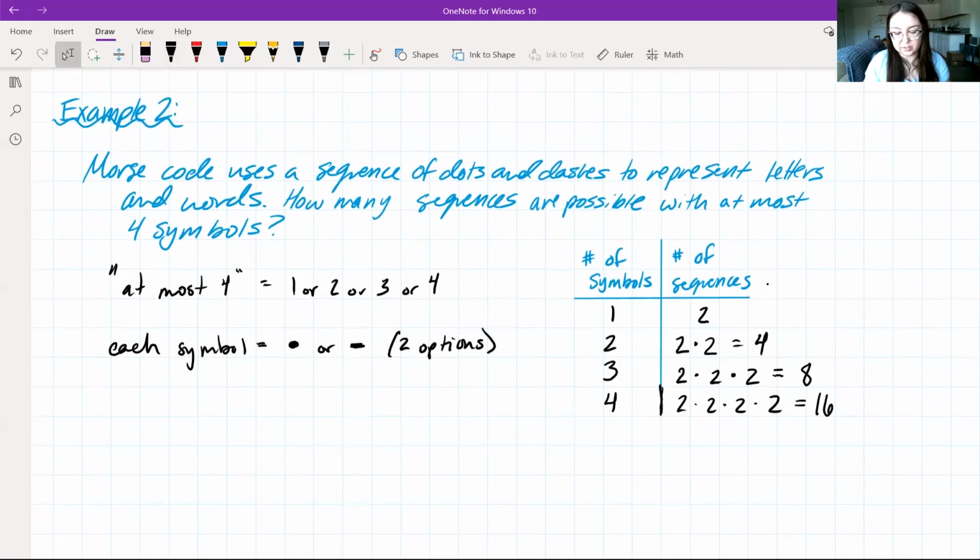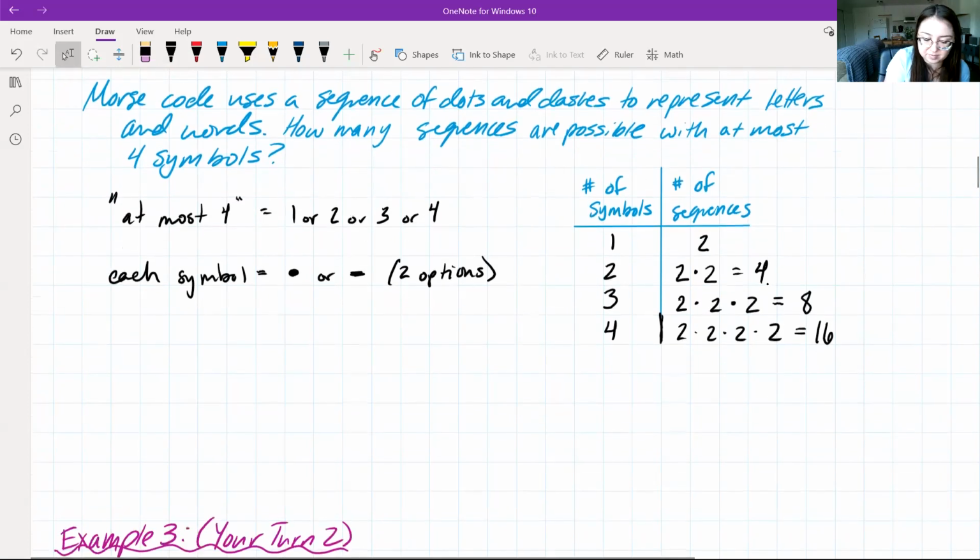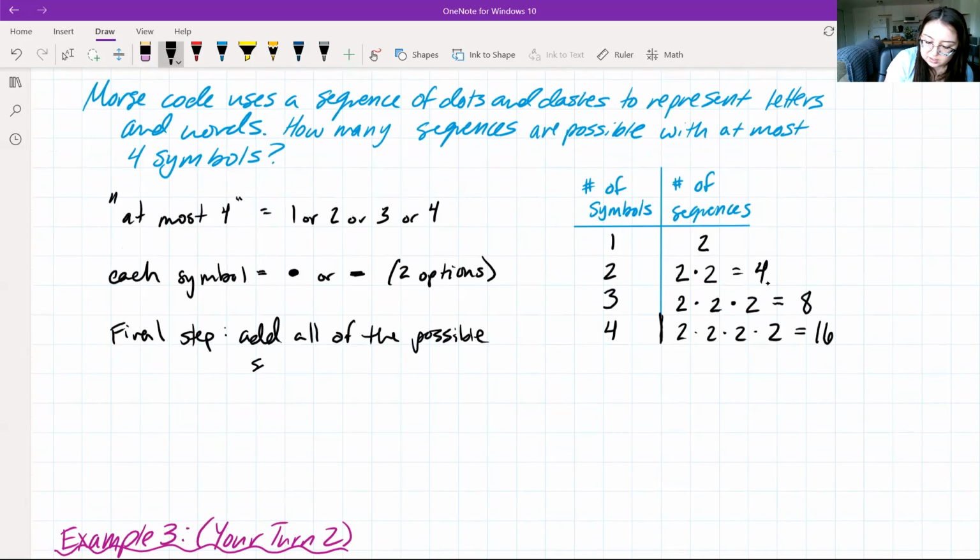All right, so since we know each number of sequences that corresponds to each one of our numbers of symbols, we want to know how many sequences are possible with at most 4 symbols. So now we've calculated for 1, 2, 3, and 4. So our final step, we want to add all of the possible sequences.